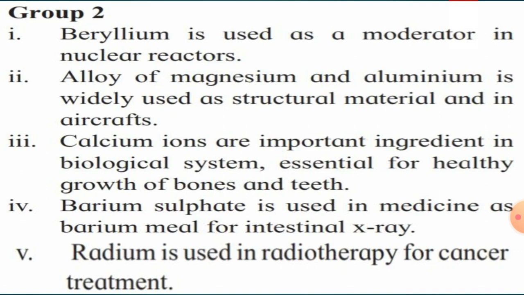Calcium ions are an important ingredient in biological systems. As we know, calcium is essential for healthy growth of bones and teeth. Barium sulfate, BaSO4, is used in medicine as a barium meal for intestinal x-rays.